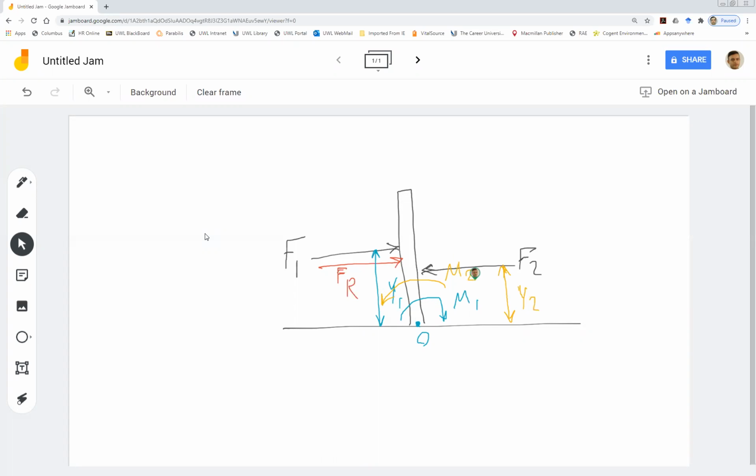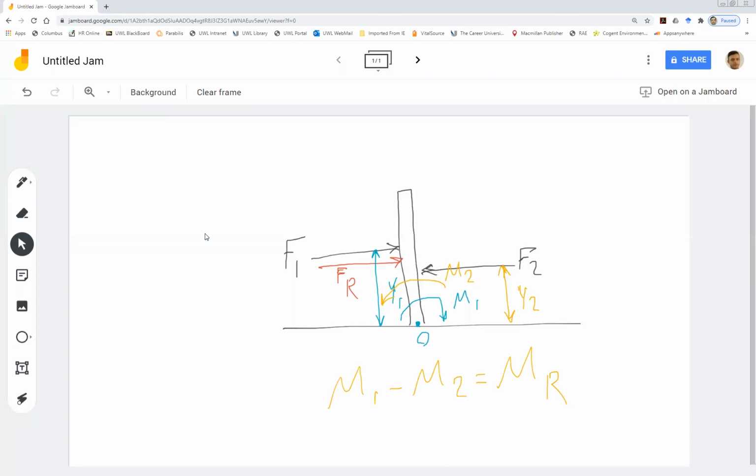So okay, you can just take the difference. M1 minus M2 will give me the resultant one. Obviously, I know M1 is bigger than M2. Sorry, this one is M2. M1 minus M2 would be equal to the resultant one.